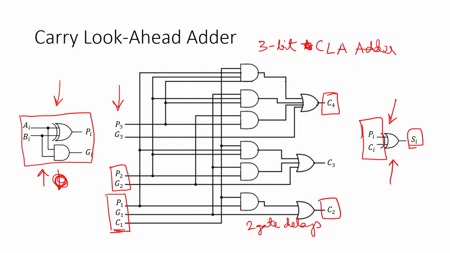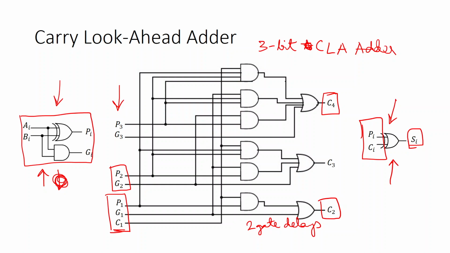But if you have a long word to be added, if n is high, then the carry look ahead adder will be faster than the ripple adder. For small words, 3-bit, 2-bit, it doesn't matter so much. 4-bit, it is not very appreciable.